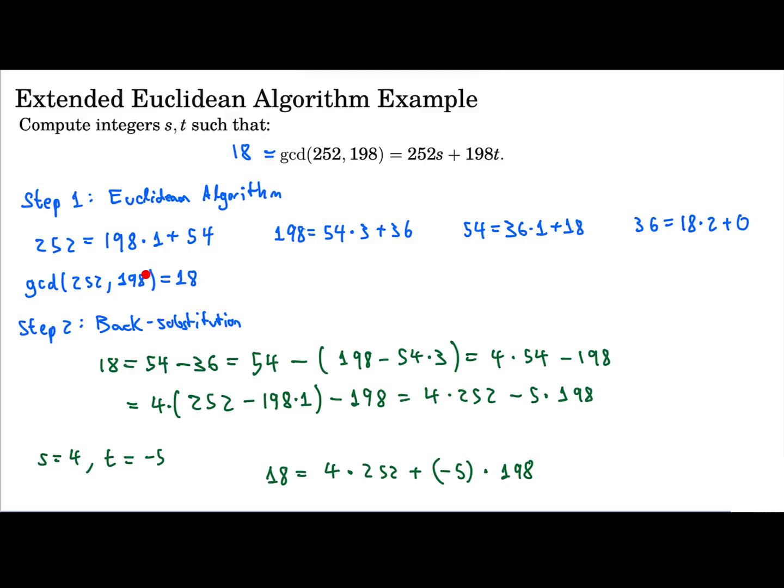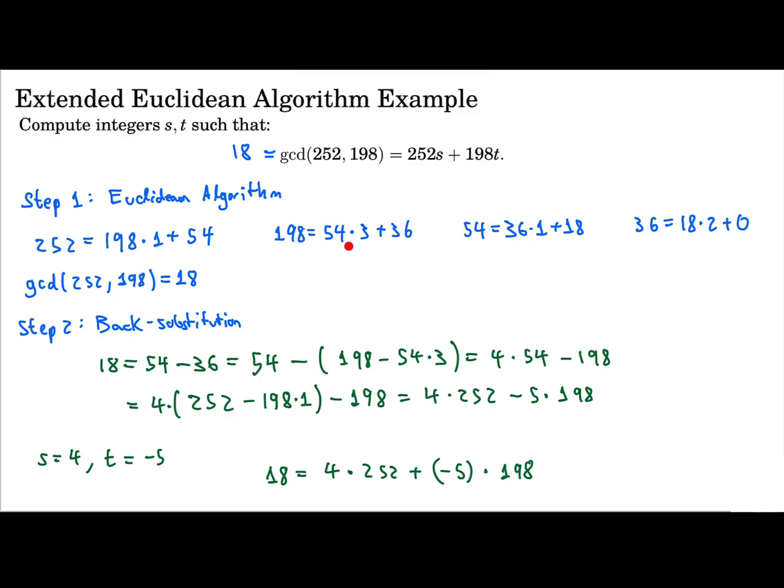And now we want to find s and t. Well, let's go to the equation where we found the 18. We're going to write the 18 as 54 minus 36. That's what we do here. Then we go to the next equation, and now this 36, we're going to write as 198 minus 3 times 54.